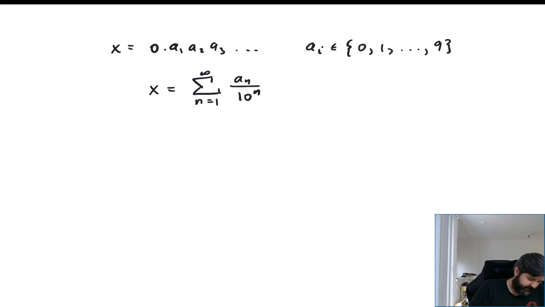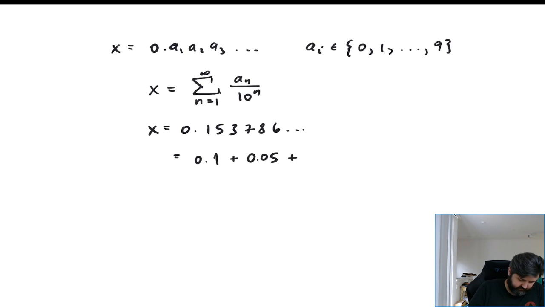So if you think about this, if you had x equals 0.15378 and so on, it would be 0.1 plus 0.05 plus 0.003 plus 0.0007, right?